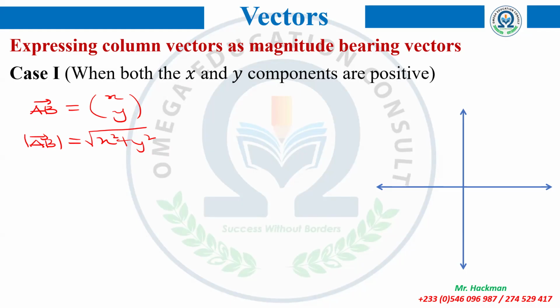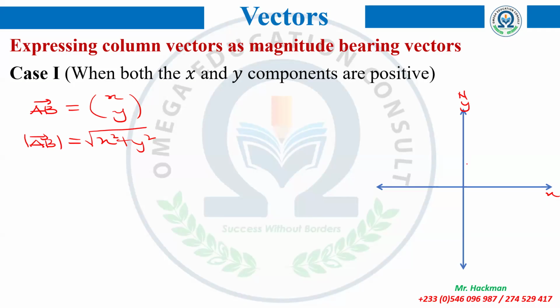So I will have my y axis and my x axis. My y will double as my north, because in bearing, angles are measured from the true north in the clockwise direction.